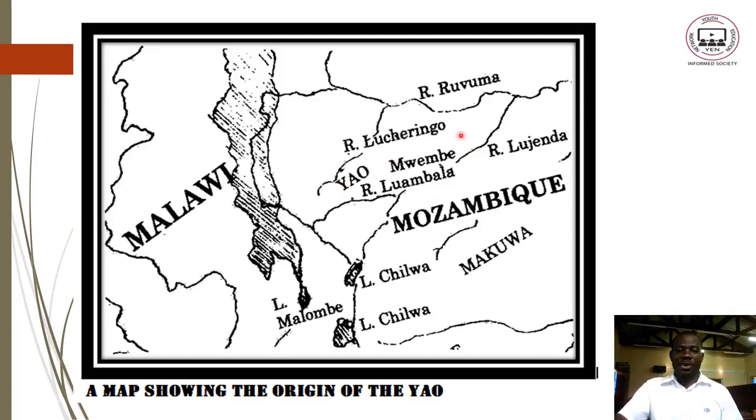Mwembe, we are also going to mention Mwembe there. So take note of these names that you are seeing here, they are all useful. Makua is also another useful name. We are also going to mention this one. We are going to know what these are. Is this a river? Is this a place? Is this someone? Here we have Lake Shirwa, Lake Malombe. So in short, this is the map showing the origins of the Yao.